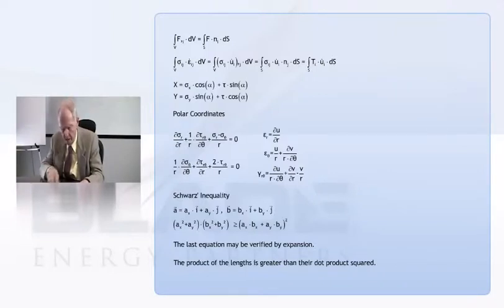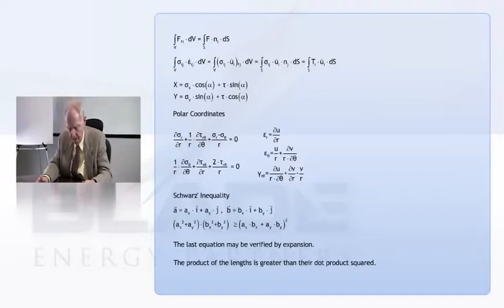The next couple of equations is reminding you the relationship between the surface tractions and the stresses at the surface. Some odds and ends on polar coordinates, and the Schwarz inequality. It's got a name that's much too fancy for what it really says, because if I take a couple of two-dimensional vectors, and I said A and B here, so I have AX times I plus AY times J in the usual complex notation.